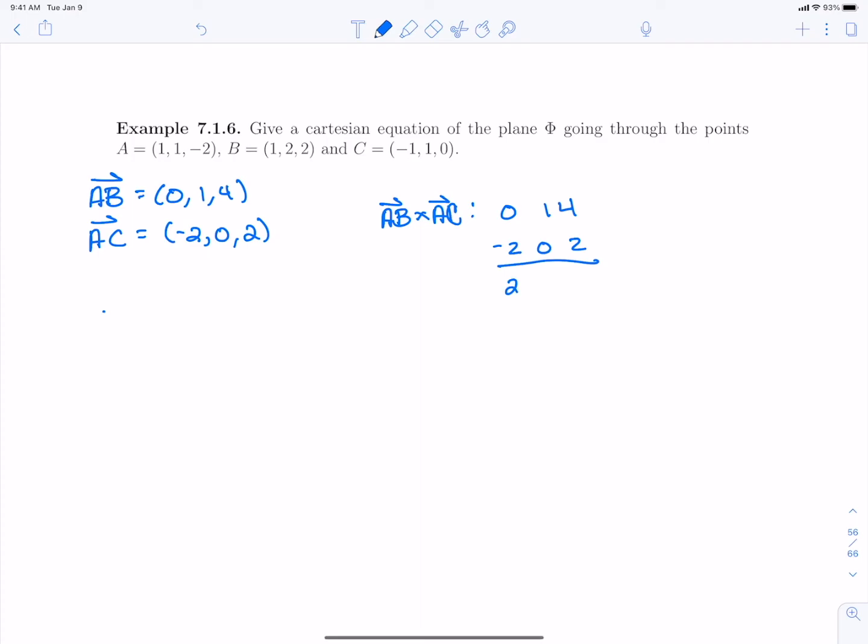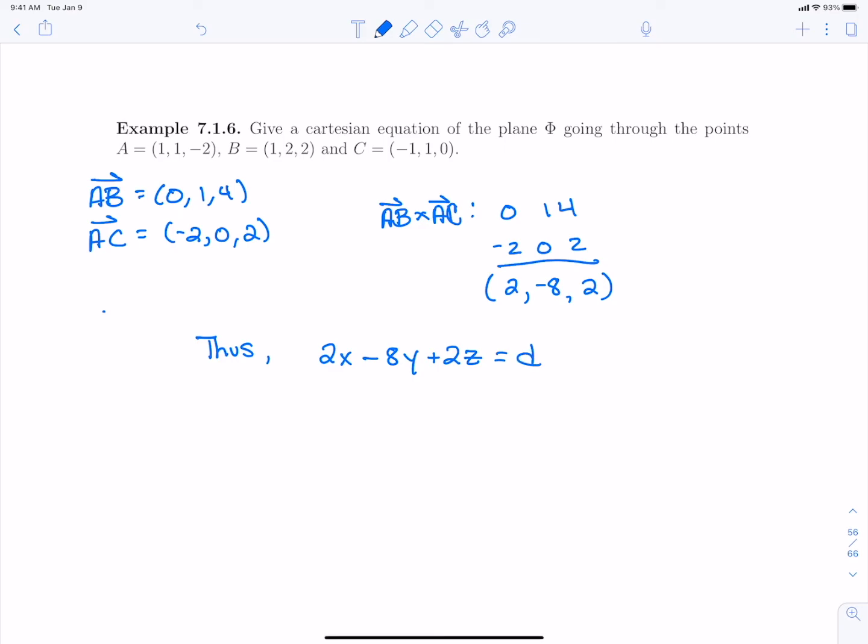So that's 2, and then I've got -8 minus 0, and then I've got 0 minus -2, which will give me +2. And that's my cross product right there. So thus, I'm left with 2x plus, well, I'll just jump to -8y plus 2z equals d.